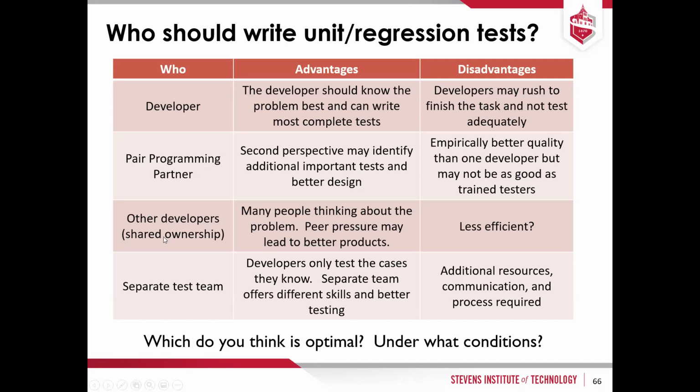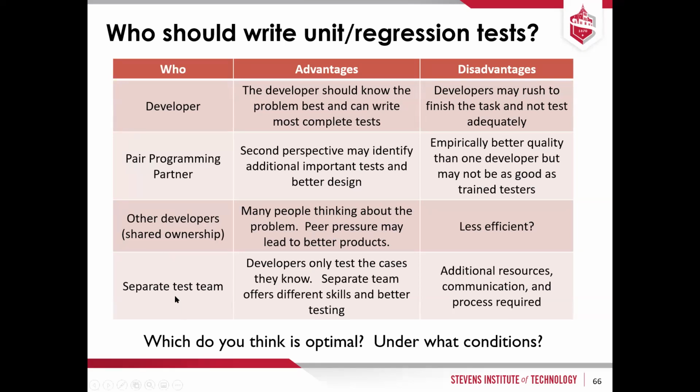If other developers start writing the test for me, many people are thinking about the problem, so that's good. But the disadvantage is it may take longer time. So maybe it's less efficient because they follow my code line by line.